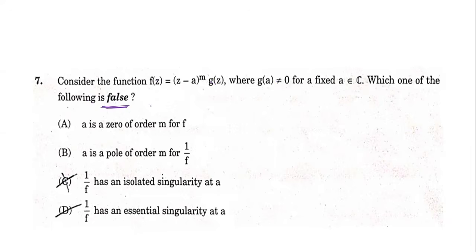See, they are telling false. A is 0 of order m. A is 0 of order m for f. A is pole of order m for 1 by f. 1 by f has an isolated singularity at a. 1 by f has an essential singularity at a.